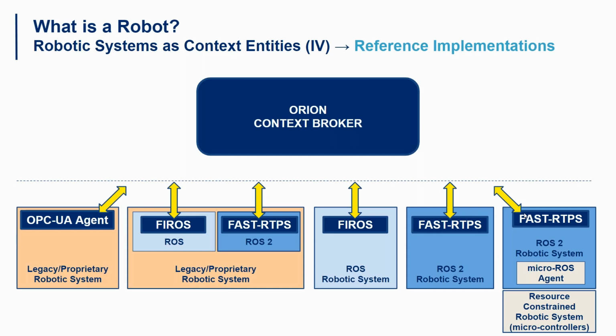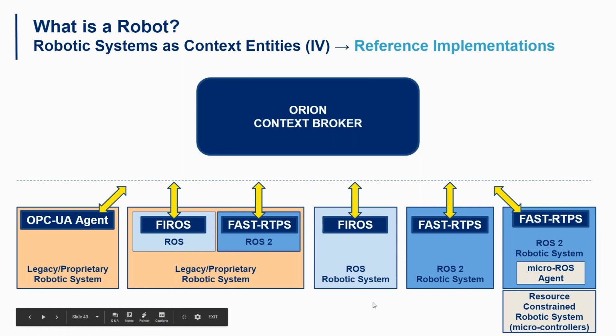If you integrate in your robotic system ROS or ROS 2 components, you have specific modules to connect with the Orion context broker. In the case of ROS, you have the FIWARE component available, and in the case of ROS 2, you have Fast RTPS, which is the middleware standard accepted by the ROS 2 community.